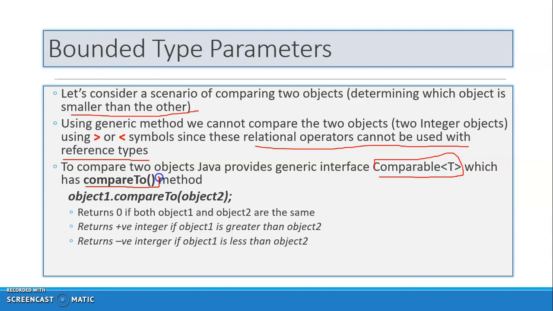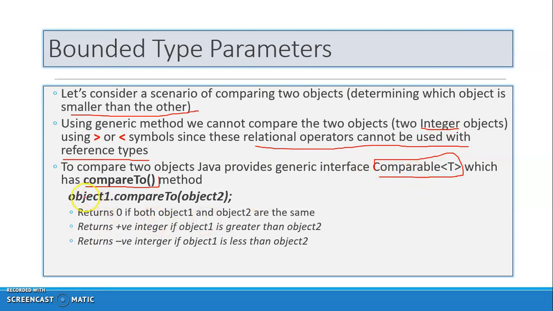All those classes that have a comparison operation in them actually implement this interface. So the Integer class, the Double class, or all those other classes that are able to do comparison, like String, will have to implement Comparable.